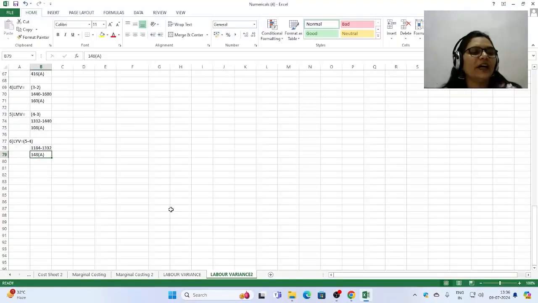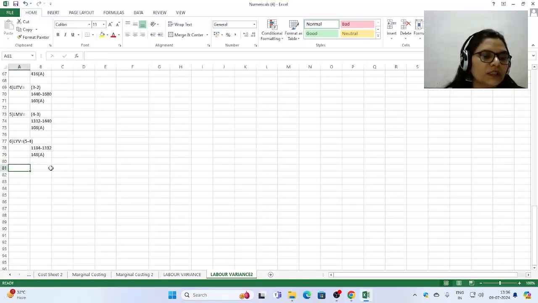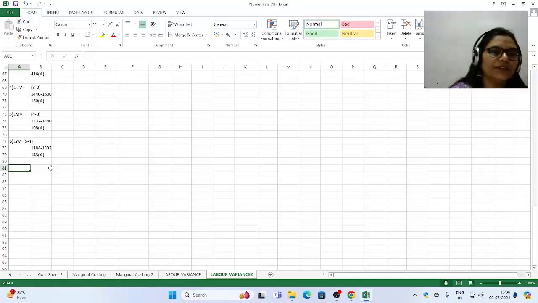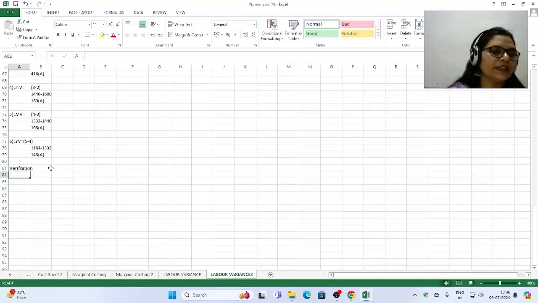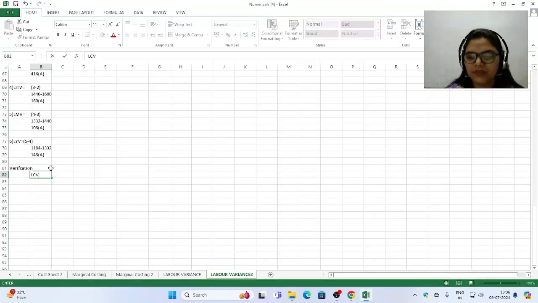You can verify these equations. Let us see how you will verify these things. Verification can be done with the equation: labor cost variance is equal to labor rate variance plus labor efficiency variance.